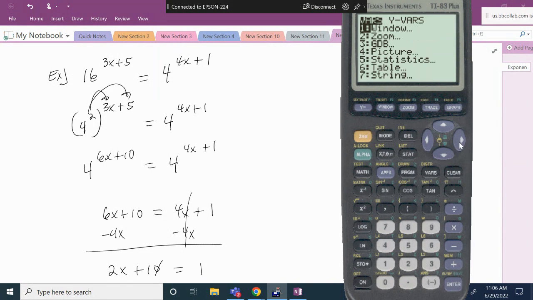I'm going to pull up y sub 2. I'm going to evaluate that at negative 9/2. And I should get the exact same number value. Okay, so that means that both sides of that equation are equal.